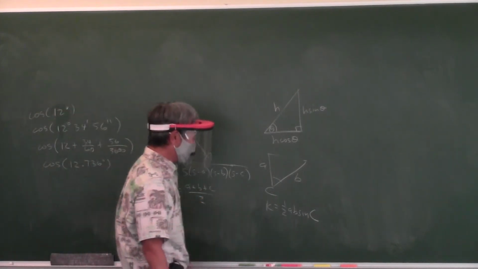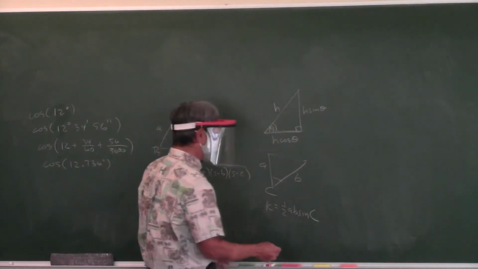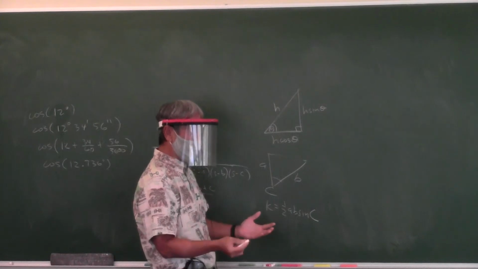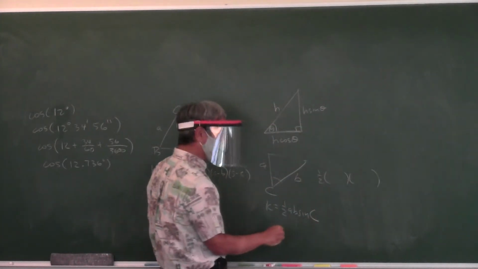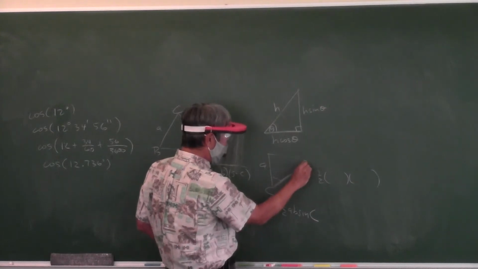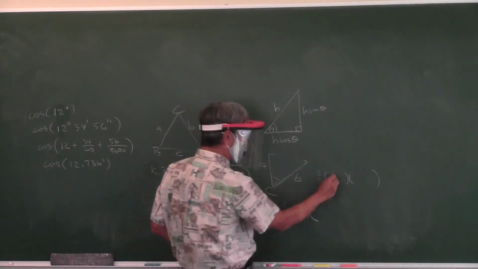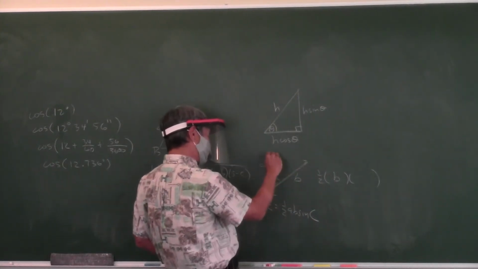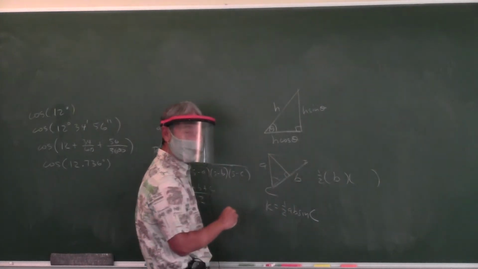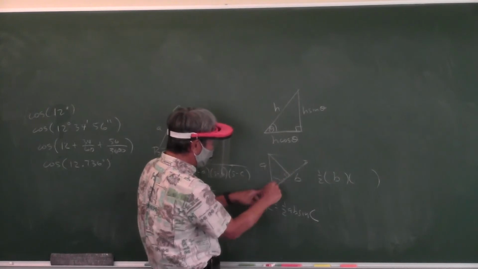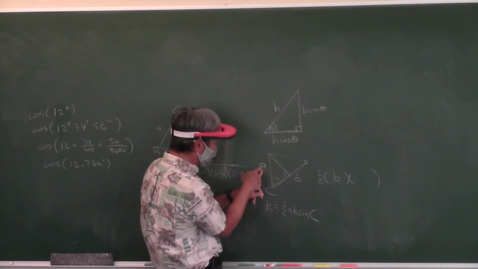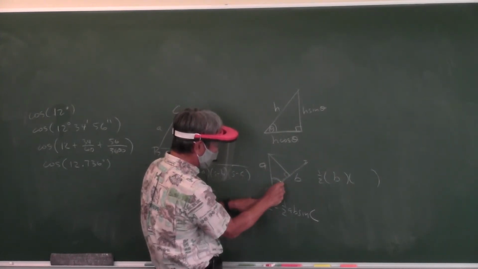Now, where did this come from? Well, to find the area of a triangle, normally you go one half base times height, correct? So if we take this to be the base, how do I figure out the height? Isn't the height just this right here then? Okay, but look what we have. We have a right triangle. You know the hypotenuse, and you know this angle right here.